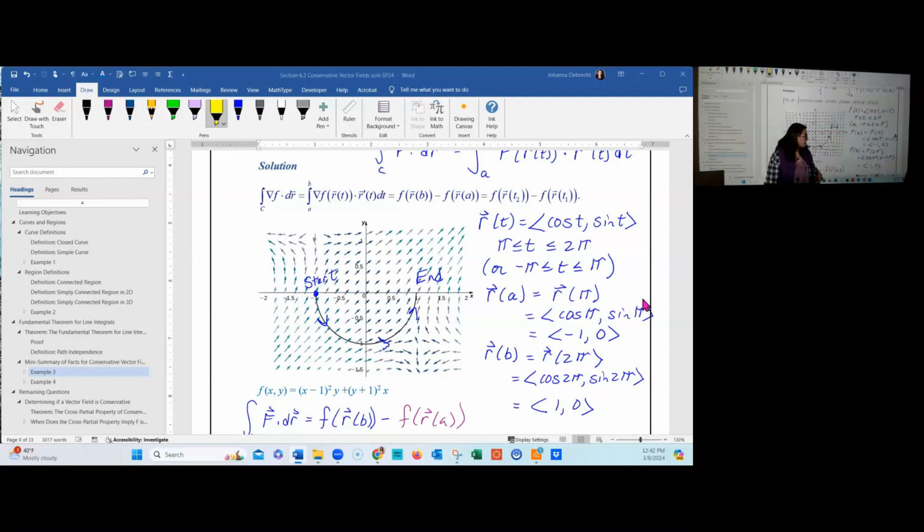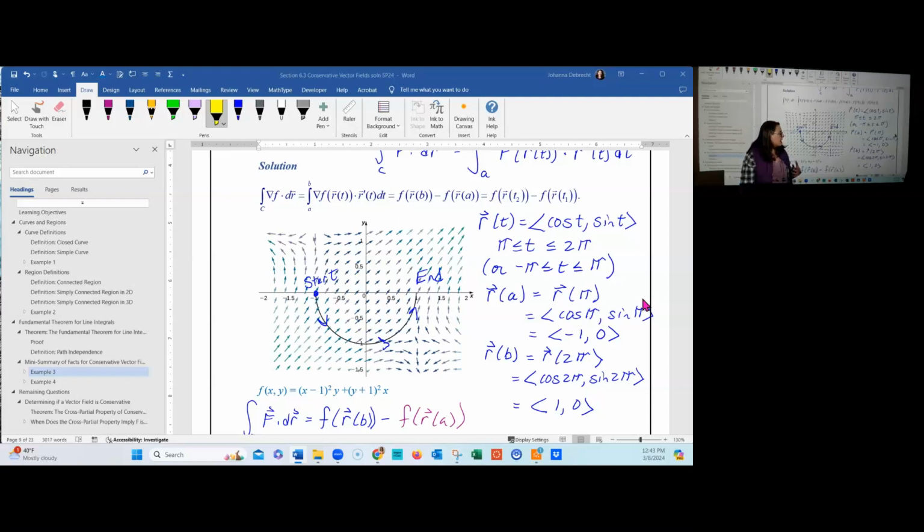When we evaluate at 2 pi, we get cosine 2 pi, sine 2 pi, which gives us the vector 1, 0. These become the vector values that we substitute into the potential function f in place of x and y.